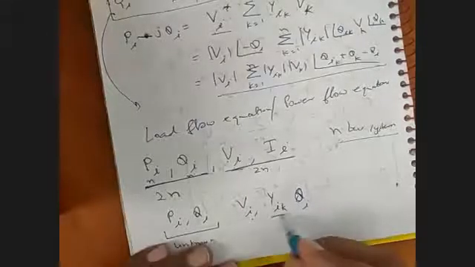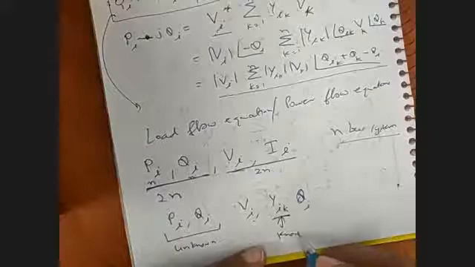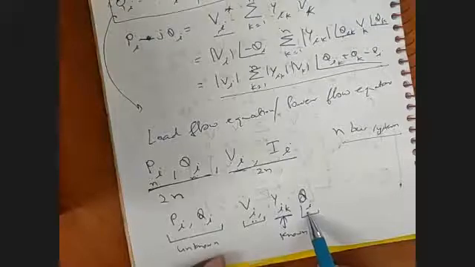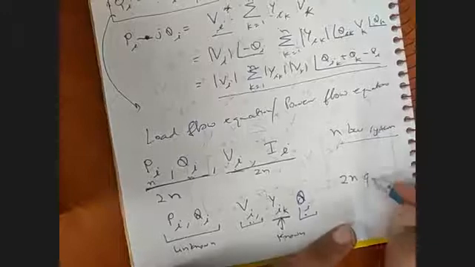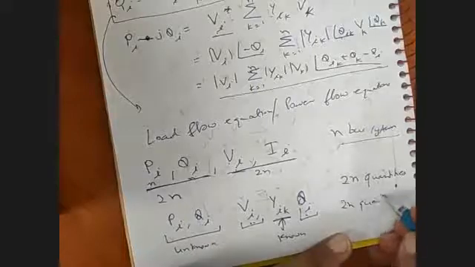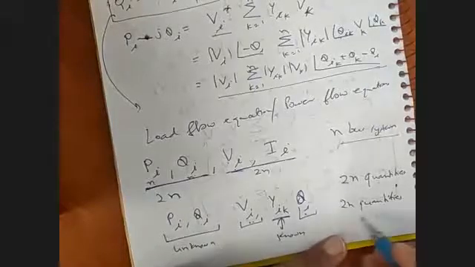These are always known quantities. So these are your four quantities: Pi, Qi, Vi, and angle delta i. So for a system, we say that we have 2n quantities known and 2n quantities unknown. That means 2n quantities हमें पता है, 2n quantities हमें पता नहीं है.